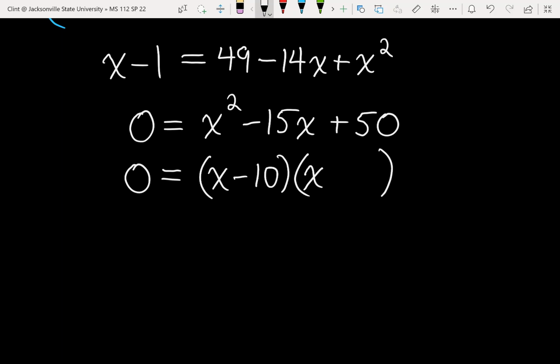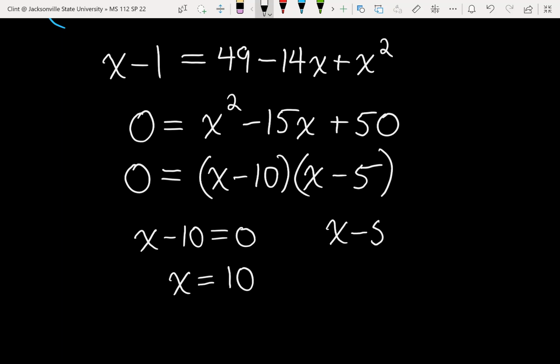So we can do negative 10 and negative 5. And we can take each factor, set it equal to 0, and solve. We get 2 potential solutions.